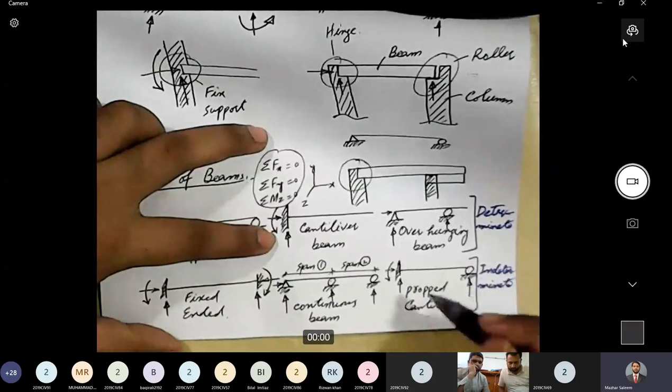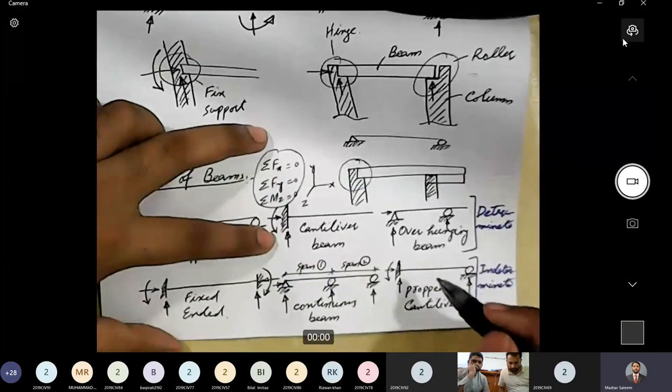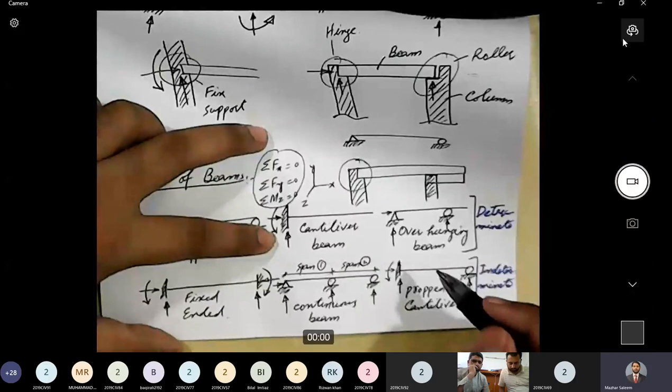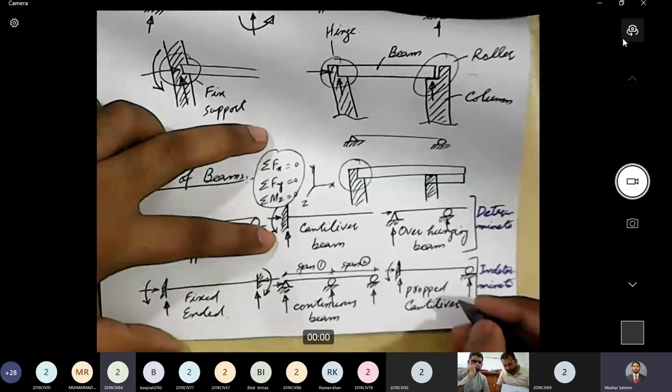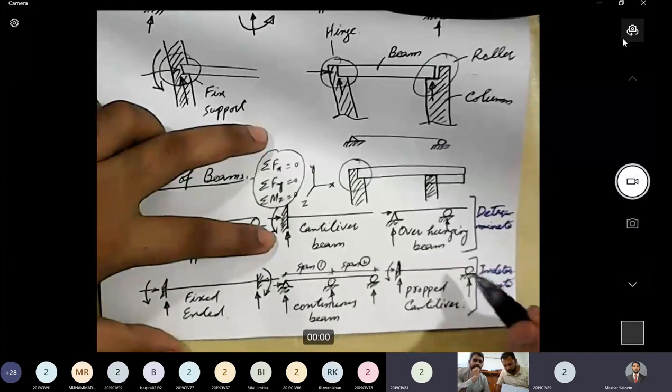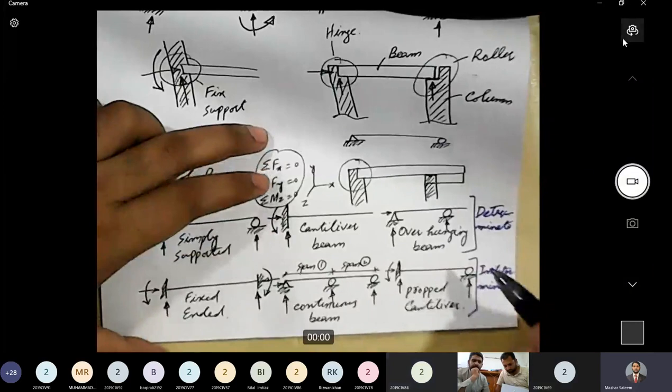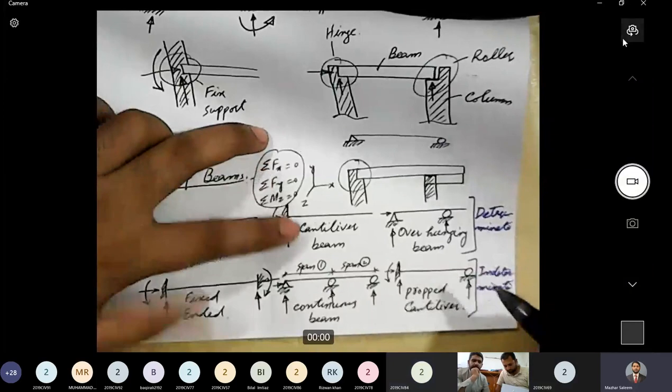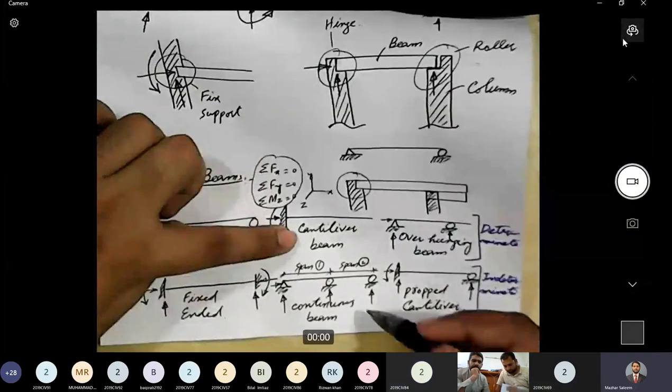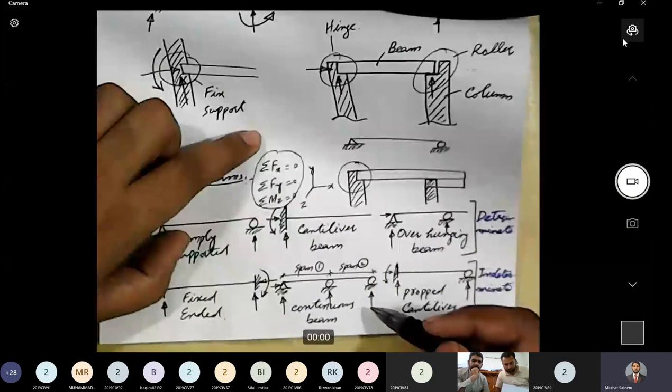And with this concept, I can also talk about the degree of indeterminacy. Have you ever heard about this term, degree of indeterminacy? No, sir. Okay. So degree of indeterminacy is the difference between the number of reactions and the conditions of equilibrium.